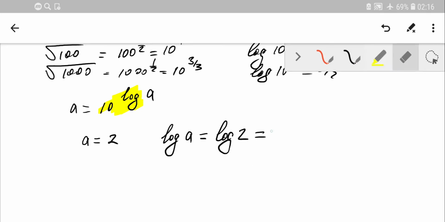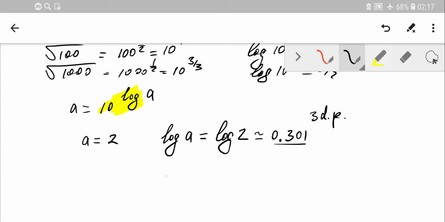Now we can calculate using your calculator. We can approximately calculate log with the base 10 of 2. Everyone has a standard log button key. So just press log of the number 2, and we find out that it's about 0.301. I round to 3 dp, so I've taken only 3 digits after the decimal point.